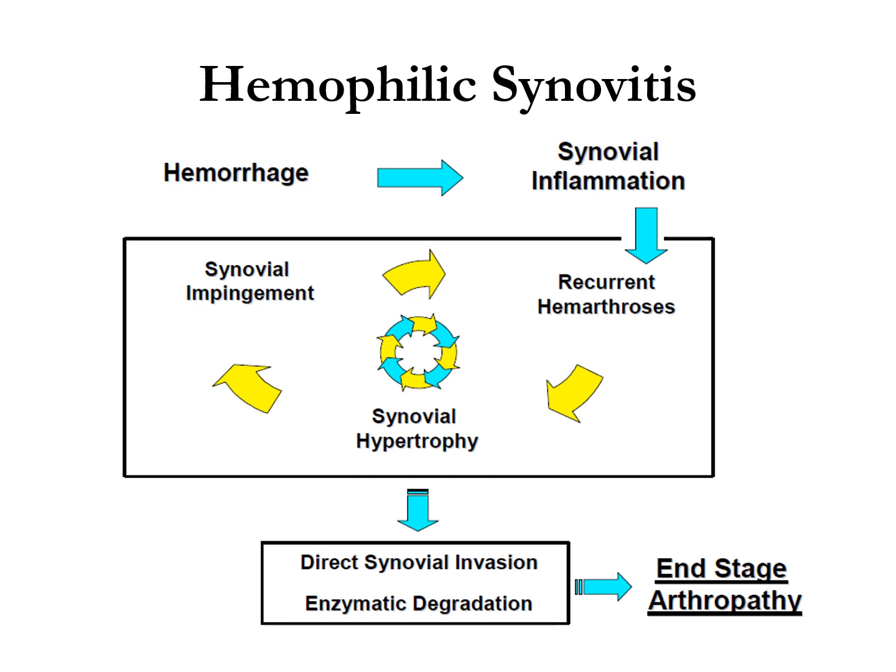From this, we can clearly see that the hemorrhage will increase the synovial inflammation. The recurrent hemarthrosis will have a cycle of synovial hypertrophy and synovial impingement, and then direct synovial invasion with enzymatic degradation will lead to end-stage arthropathy.